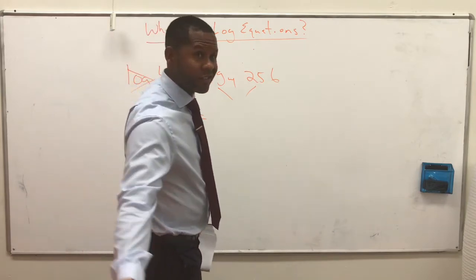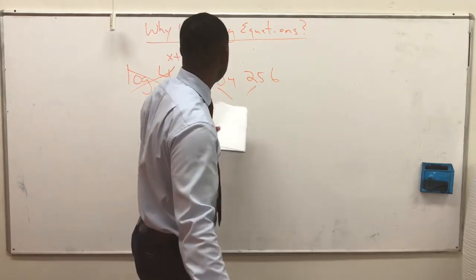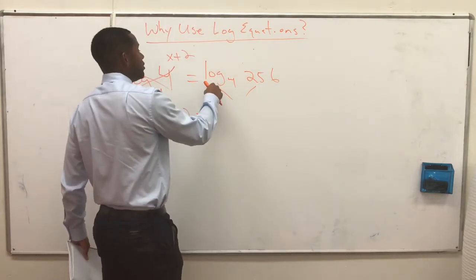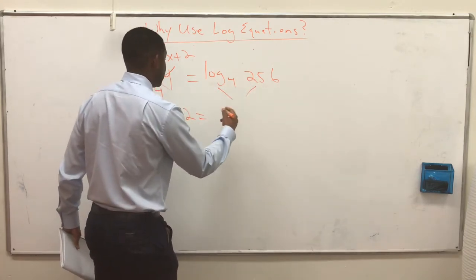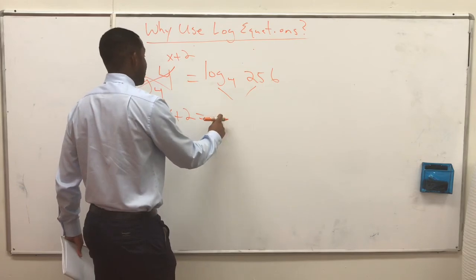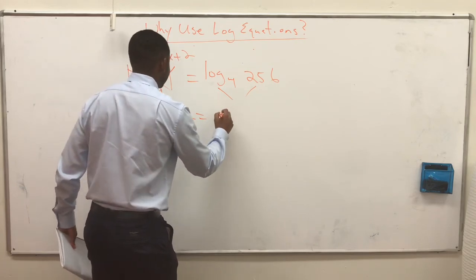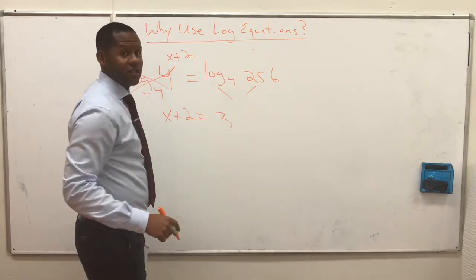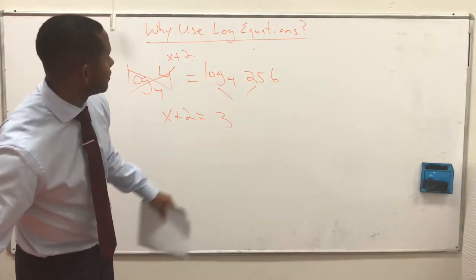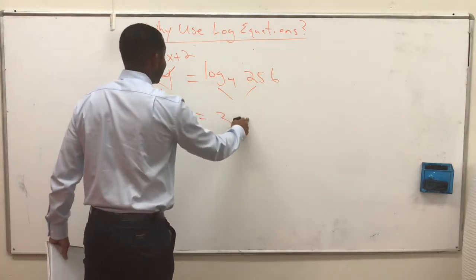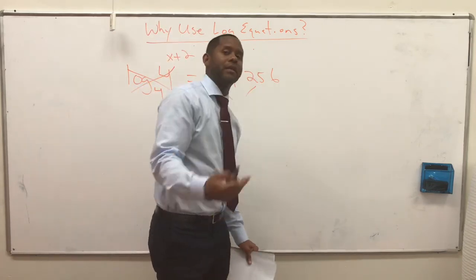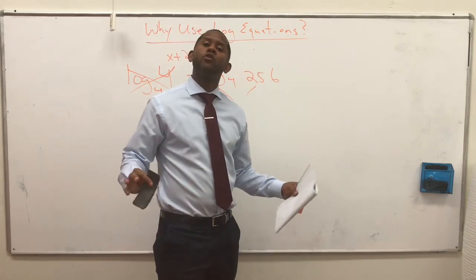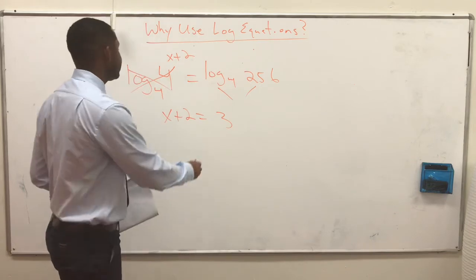You're going to learn next class how to do this. But ultimately, when you learn how to do the log base 4 of 256, it's going to give you some answer. Whatever that answer is, you're going to just pretend like it was 3, and then you're going to finish solving it. I don't even know what that answer is off the top of my head, but it does have an answer, and there's a specific way you can calculate it, but we're not learning that right now. But we would use it in the exact same way.